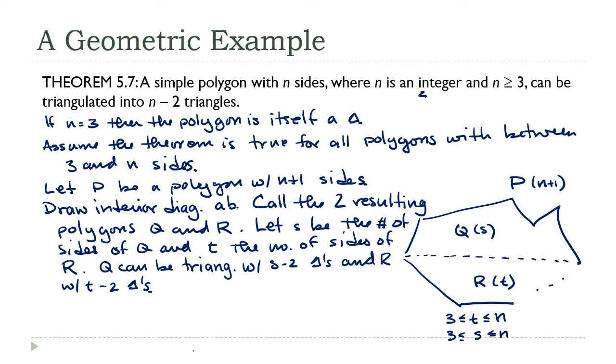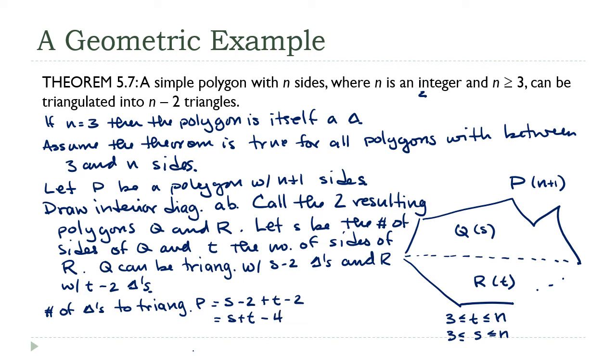Now, this means that the number of triangles to triangulate P is equal to S minus 2 plus T minus 2, which is S plus T minus 4.